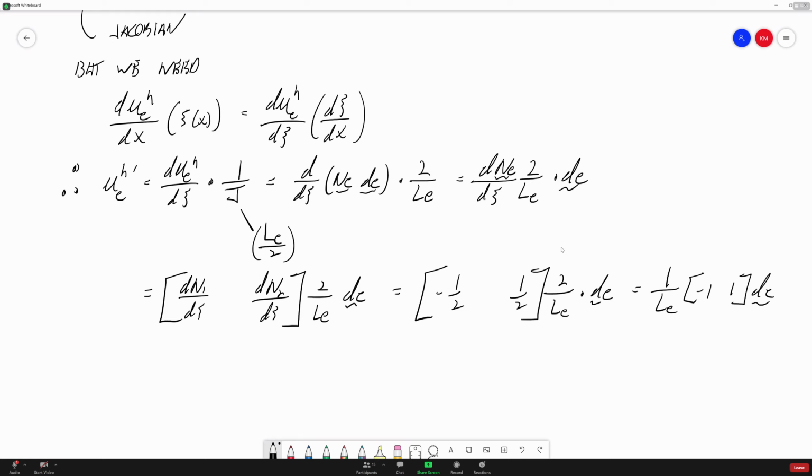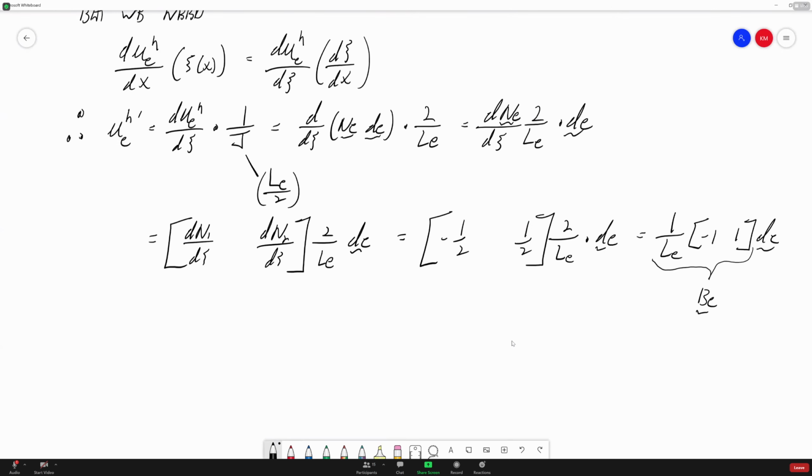And this whole term right here, we're now going to call B^e. So u^h prime is equal to B^e d^e.